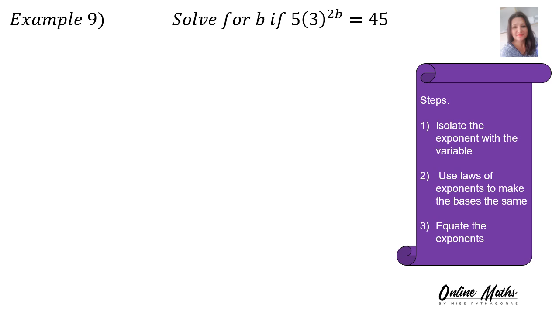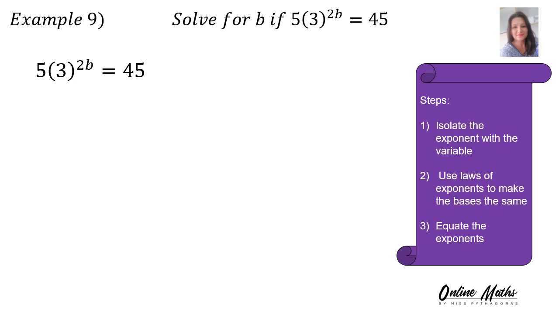Example 9. Solve for b if 5 times 3 to the 2b is equal to 45. Now on this one, let's look at the steps. Step 1 says isolate the exponent with the variable. So when you go back to the left-hand side, the exponent with the variable is the 3 to the 2b.